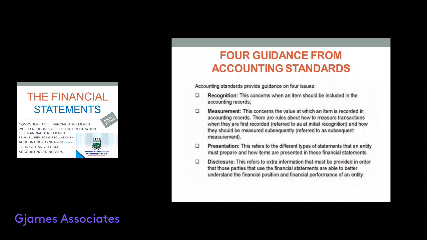We can have the initial measurement, and at the end of the year, by the time we are finalizing the account, the measurement may change on the same transaction. So financial accounting standards deal with these aspects too and regulate us on how to go about it.